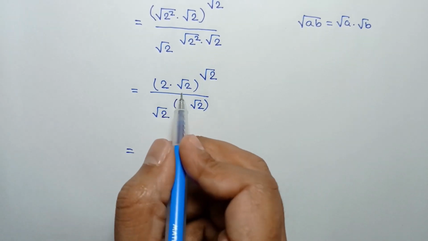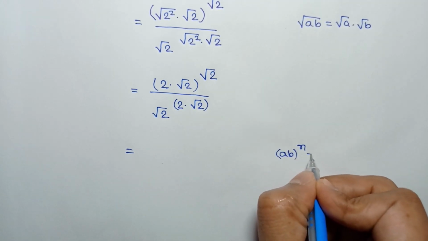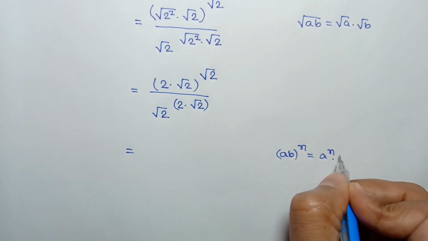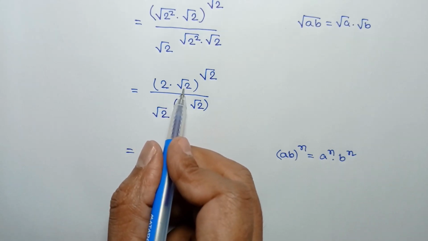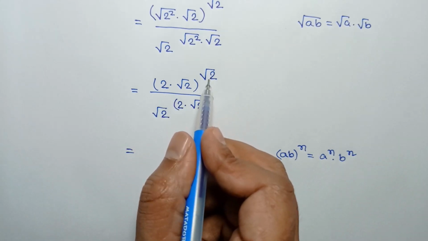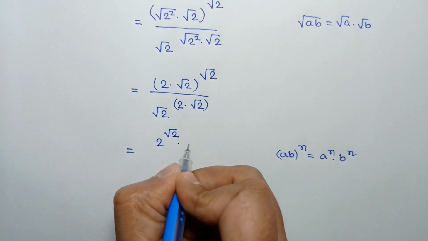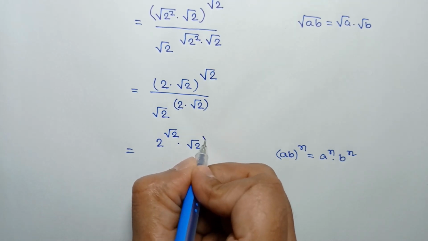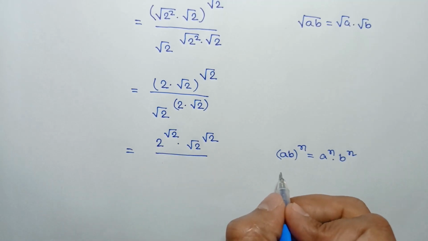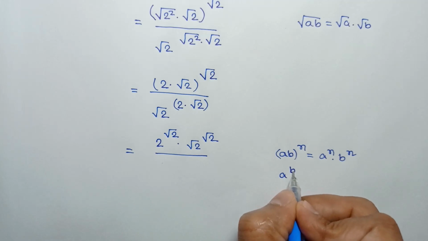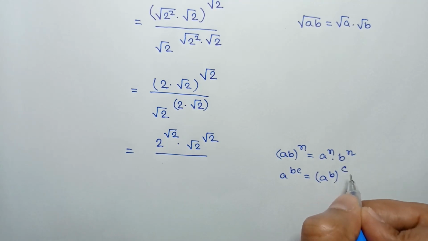This is equal to, according to this formula, (AB)^n is equal to a^n times b^n. We can write (2 times √2)^√2 is 2^√2 times √2^√2 over, according to this formula, a^(bc) is equal to (a^b)^c.